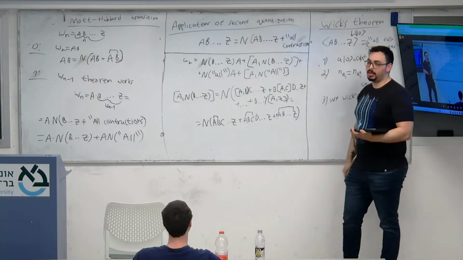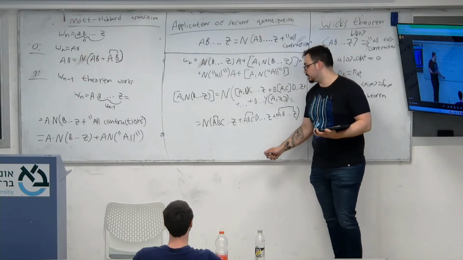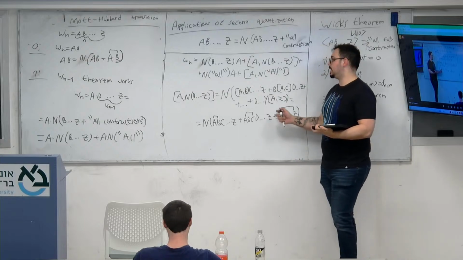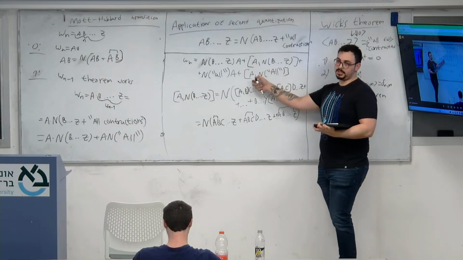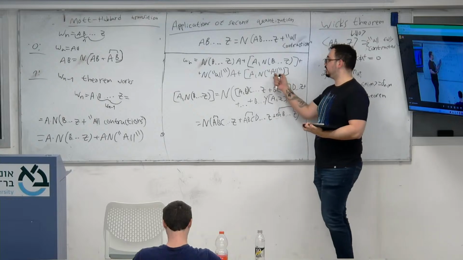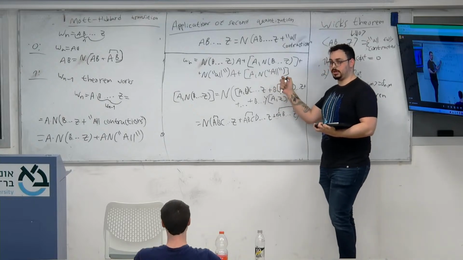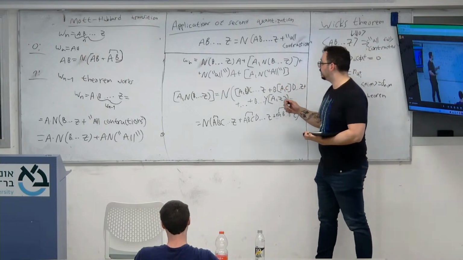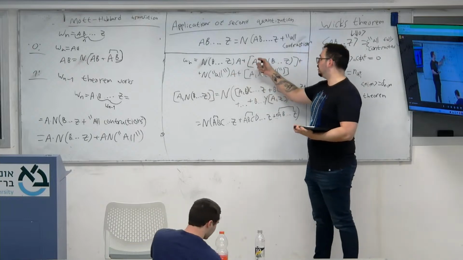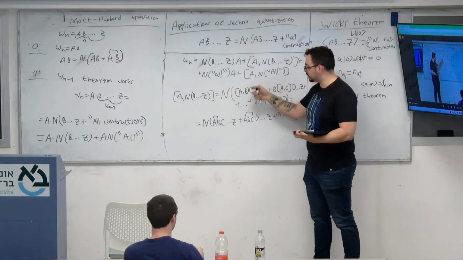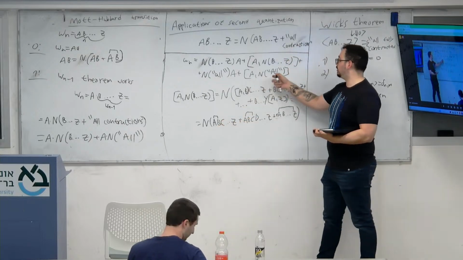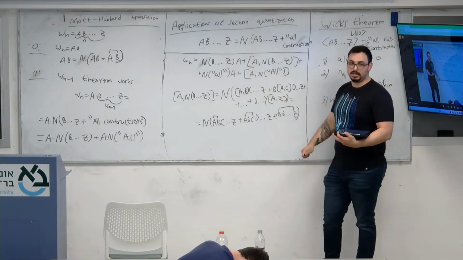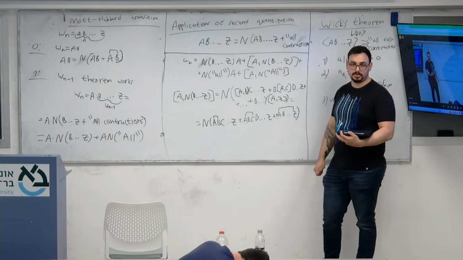So basically, this term right here is all the terms which have only one contraction with A. Similarly, we can do exactly the same thing in the second term on the right, and it will give us all the terms which have more than one contraction and which are contracting with A. So overall, we have all contractions that don't involve A, all the terms that have only one contraction and involve A, and all the terms that have more than one contraction and involve A. All these three together contain all the contractions we can possibly make.